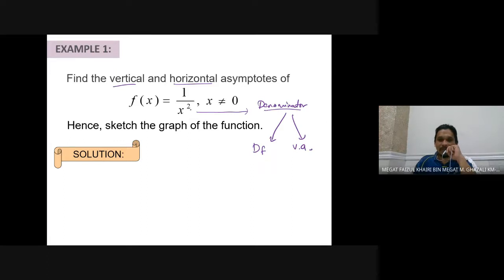From the denominator, it will give us the domain where x cannot be equal to 0. x squared cannot be equal to 0, so x cannot be equal to 0.